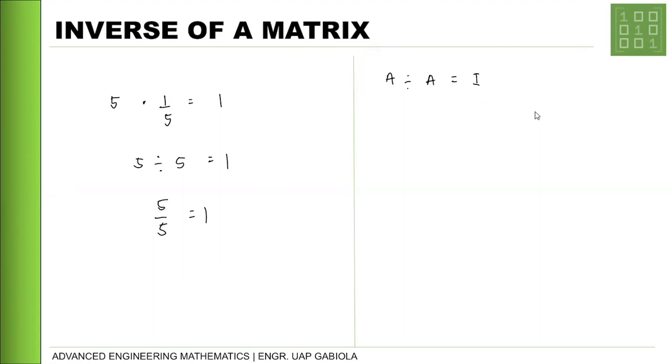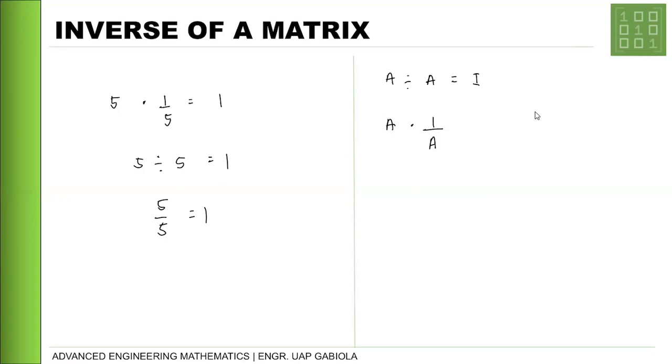Pero as we have already discussed, there's no division in matrices, no? So kailangan multiply tayo. Kaya pwede, lagyan natin A times 1/A, which is the same operation, pero at least multiplication siya, which we know how.